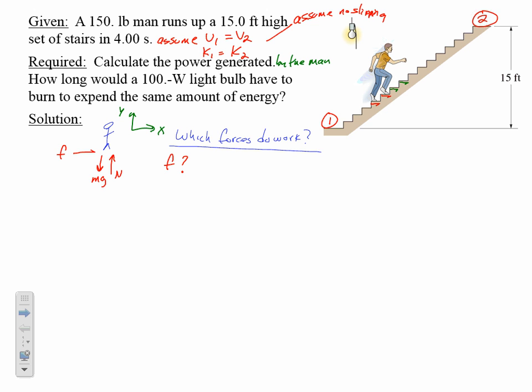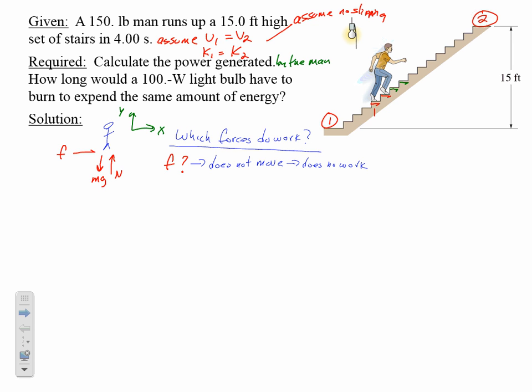And so because of that, the friction force does not move. And since work is defined as a force, or integral of a force over a distance, if there is no distance to move, then there is no work. So the friction force, the static friction force, does no work in this case.